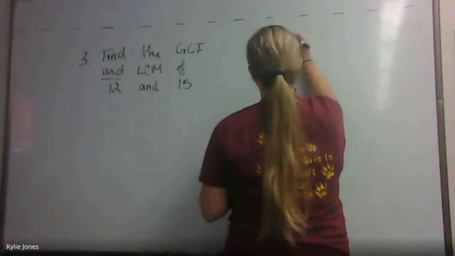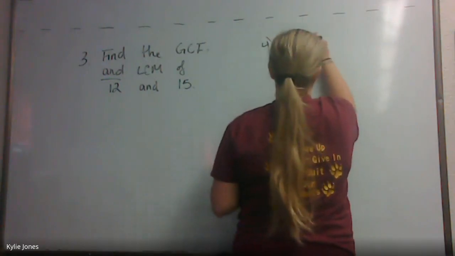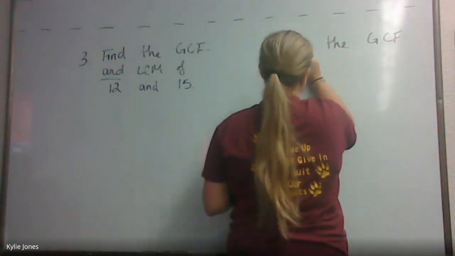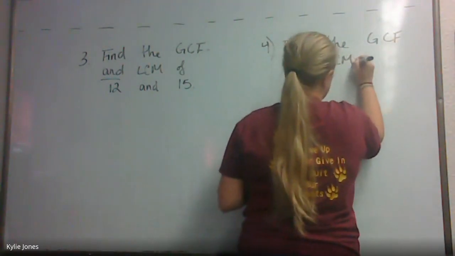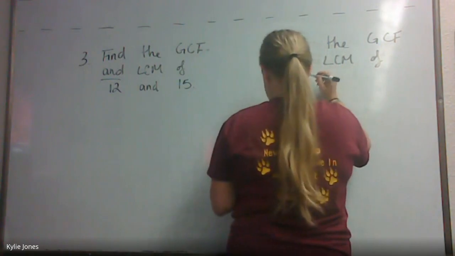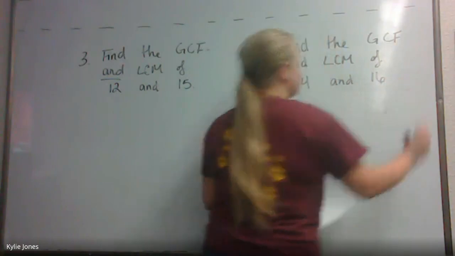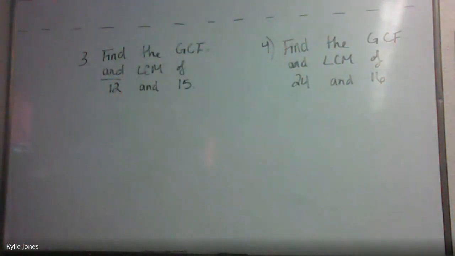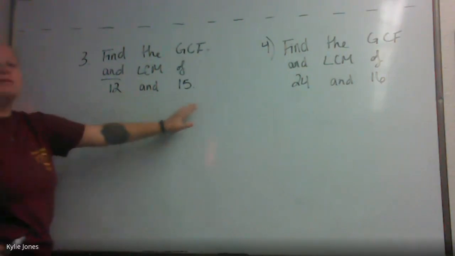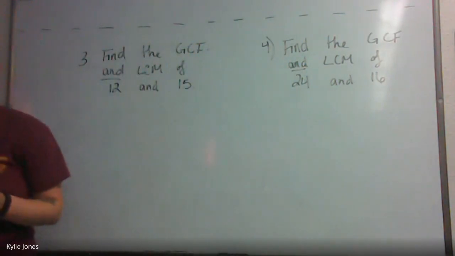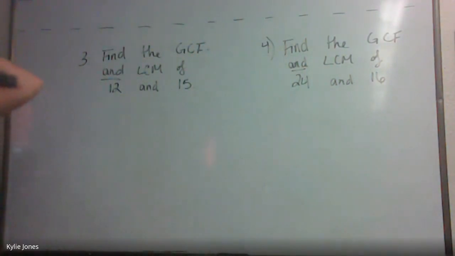It's the same thing. All right, so there's your two problems, finding the GCF and the LCM. First one is 12 and 15. The next problem is 24 and 16. I'll give you 4 or 5 minutes to work on those. Then we'll review, then you get to do your work.